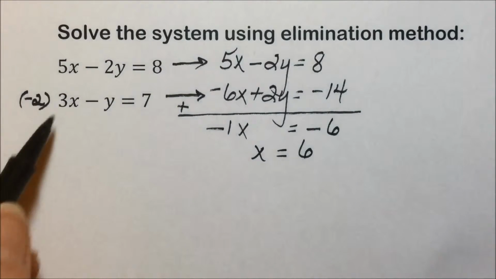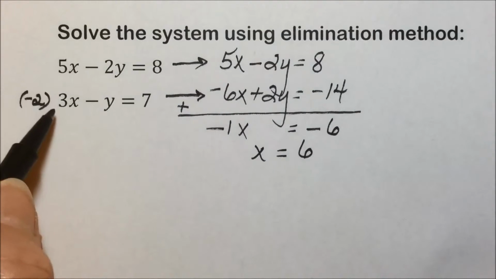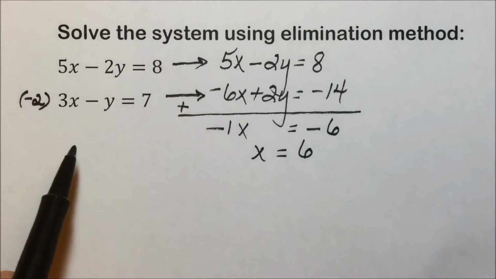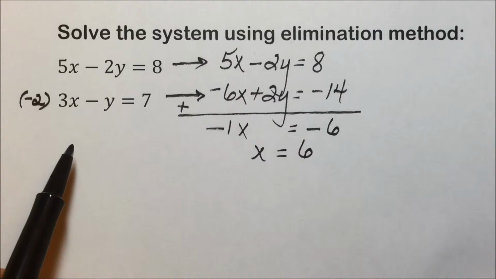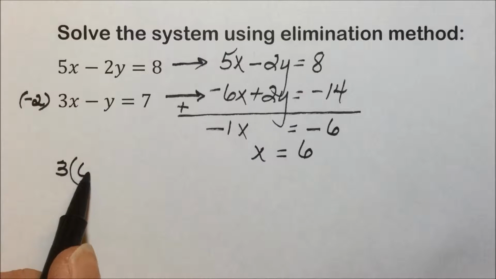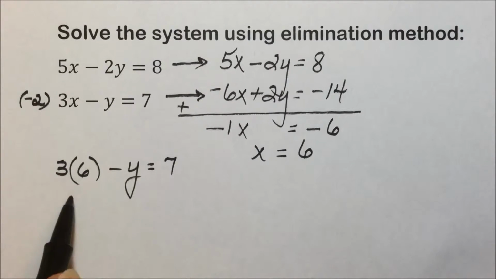These two linear equations intersect when graphed at a common point with an x-coordinate of 6. Plugging that into either one of the equations, and it doesn't matter which one we plug it into, let's say the second equation, we have 3 times x, which we found to be 6, minus y, which we're trying to solve, is equal to 7.